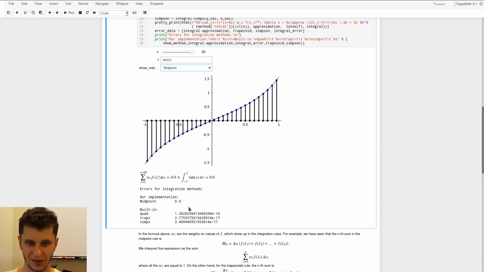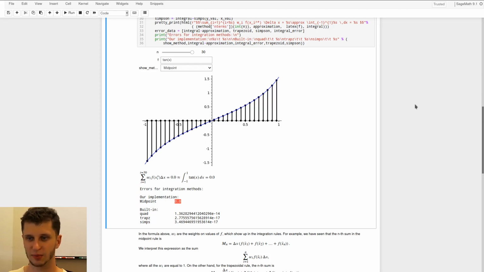Apparently the midpoint rule gives exactly the 0 value, which is of course the value of the integral here. We're integrating an odd function on a symmetric interval, so we must get 0, and in this case, incidentally, we do get 0 using the midpoint rule, so we get a perfectly precise answer.